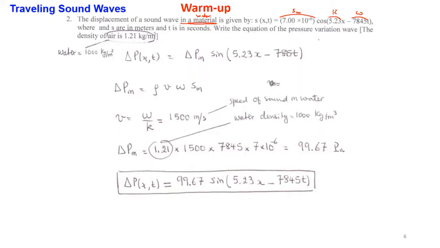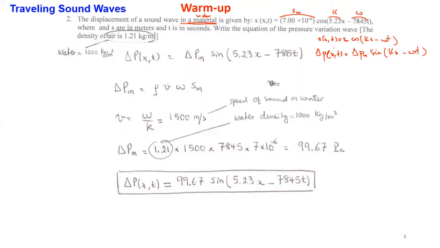You know that if I have S at any position and time, which is S max cosine (Kx minus omega t), the pressure variation wave at any position and at any time is just the maximum pressure variation times sine, with the same K and same omega. They are in quadrature.